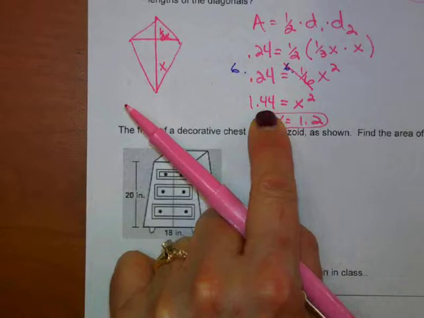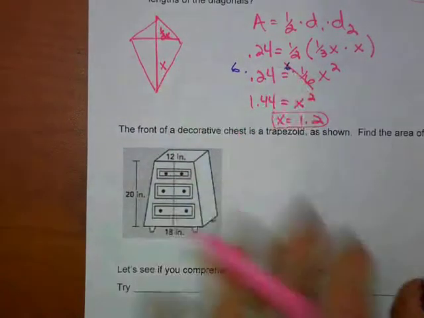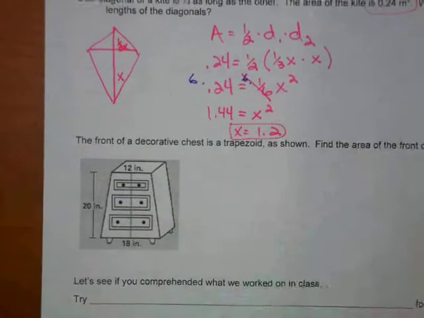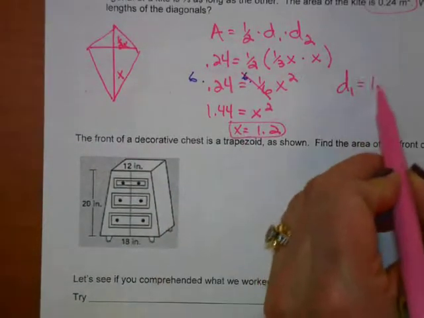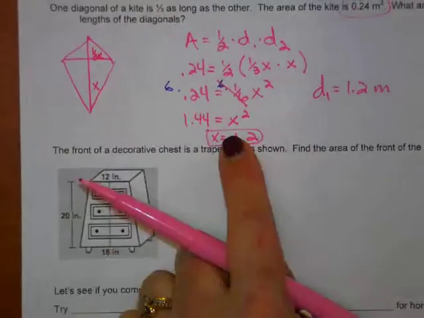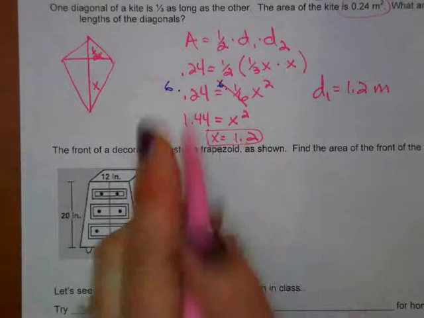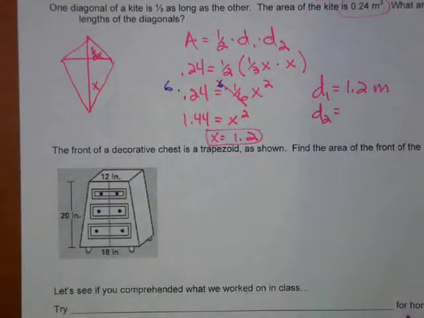Make sense? Yeah. Okay. Now the question was, what are the lengths of the diagonals? Well, I'm going to say diagonal 1 is 1.2 meters. I found that right there. Diagonal 2 is 1/3 of that. So you could, if you had to, go on your calculator and do 1.2 divided by 3, which is 0.4.